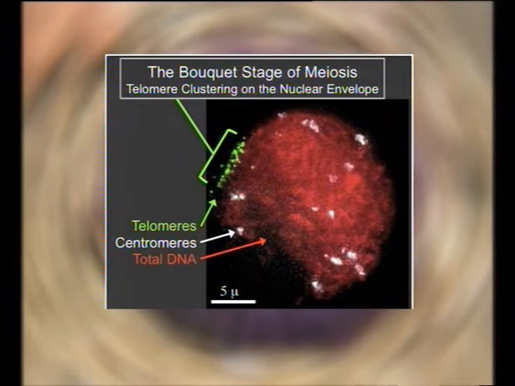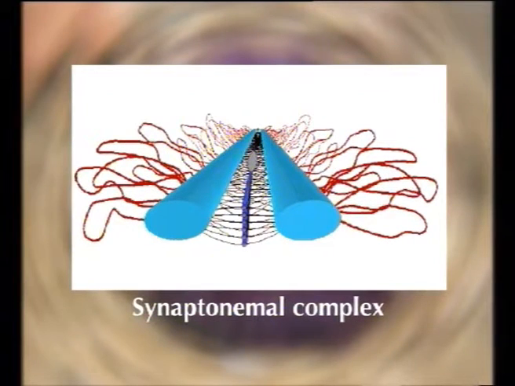This is called the bouquet stage because of the way the telomeres cluster at one end of the nucleus. At this stage, synapsis, that is pairing or coming together of homologous chromosomes, takes place.